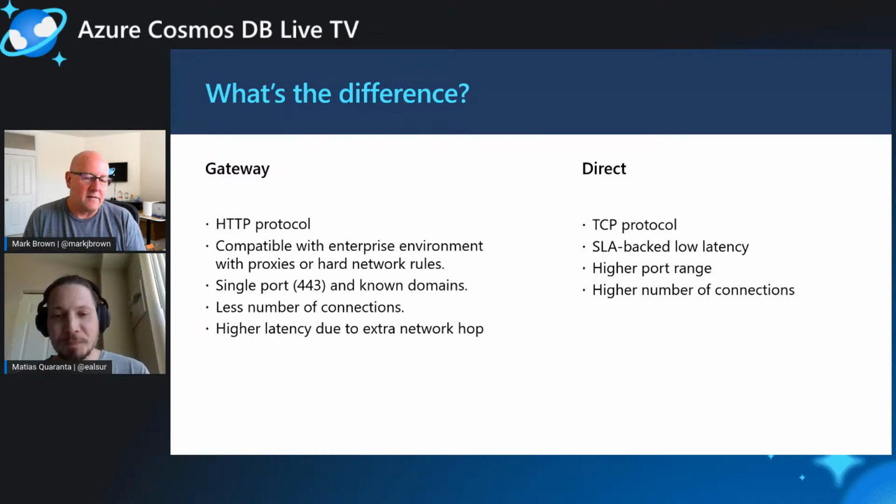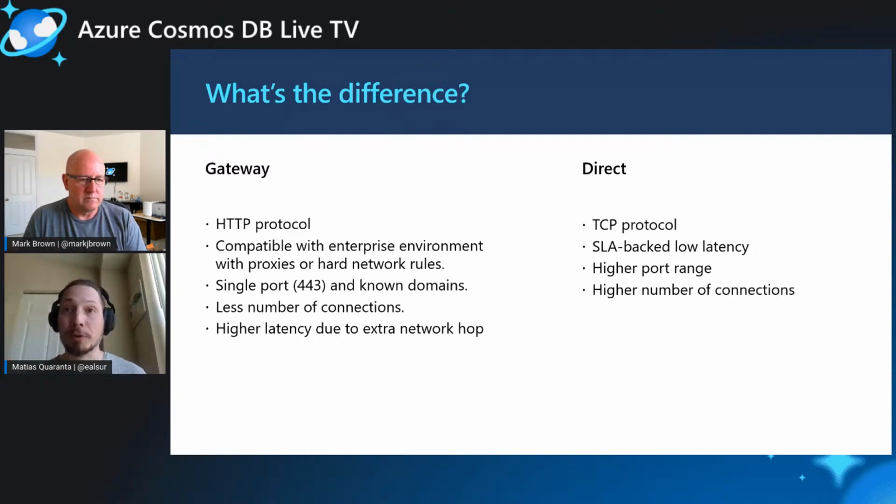And they can get around that if they use a VNet or subnet using service endpoints, I think. Is that correct? Yes, that's correct. There are a couple of workarounds. I don't want to go over it right now because I will comment on it in a bit. But it's one of those scenarios where you need to keep in mind that this will use more connections and more ports than gateway mode.